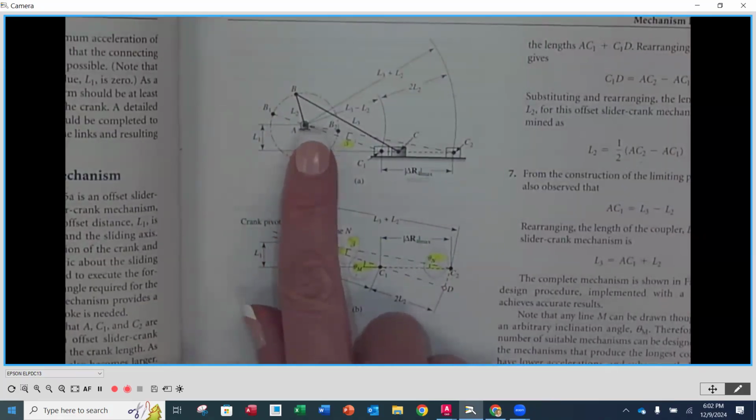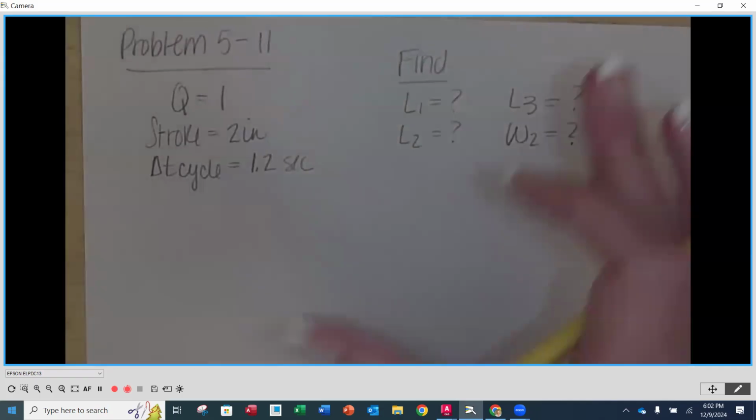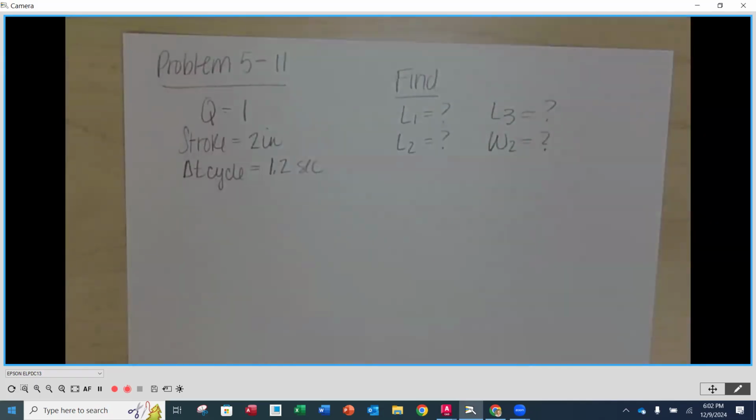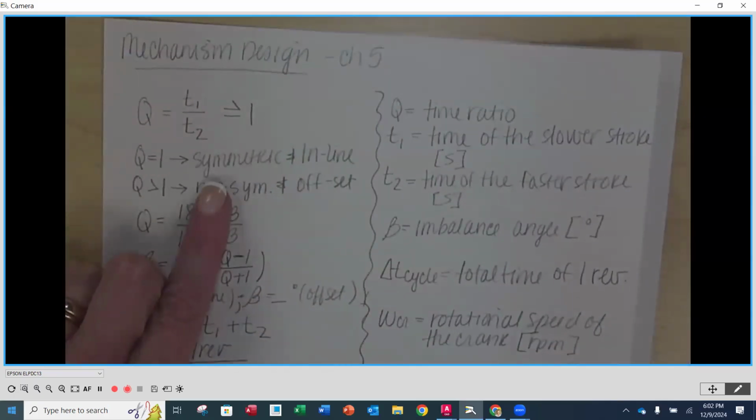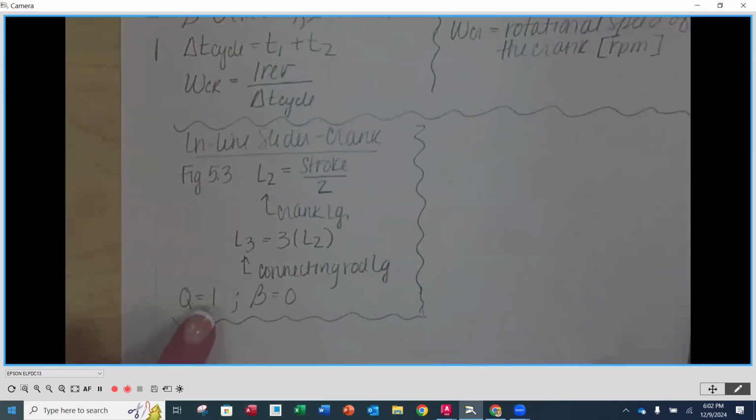The L1 is the offset distance between the center of rotation and the path of the slider, okay? So right away, because the Q is 1, remember that's symmetric, and it means it's an inline.